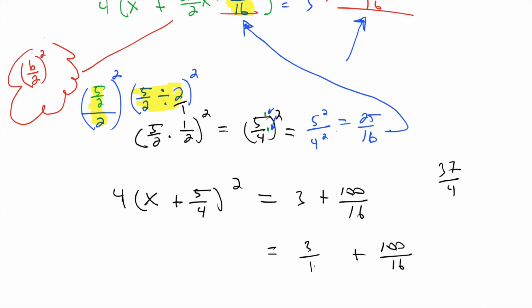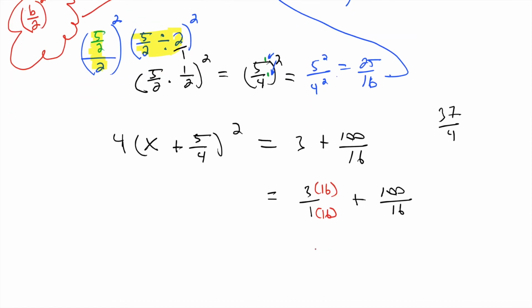Common denominators. So 16, 16. And you have equals, what's 16 times 3? 48. So you have 48 over 16 plus 100 over 16, which is 148 over 16.